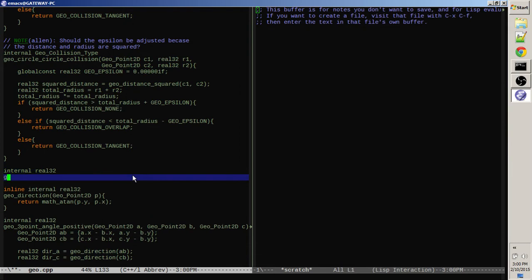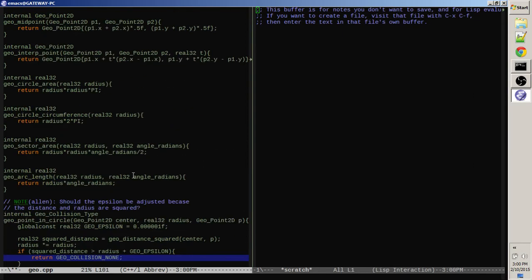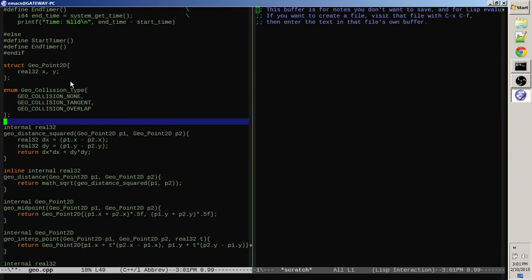So, geo ellipse. Now the question, of course, is how do you want to define your ellipses? The standard geometric formula for an ellipse is 2 points, called the foci, and the radius total, or if you want to call it the fixed sum of distance from those 2 points.